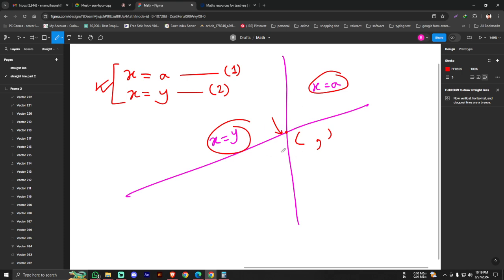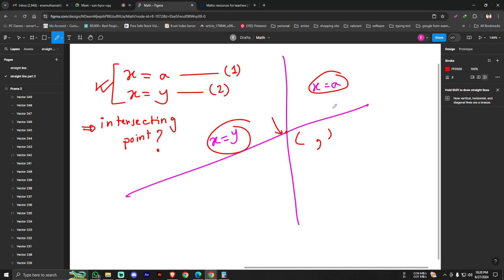So if they are intersecting, I want you to find the intersecting point, or the intersecting coordinates, you can say. Can you find the intersecting coordinates? That's the question here.